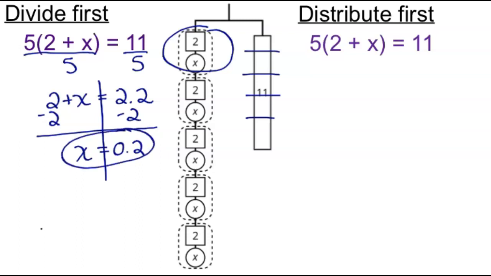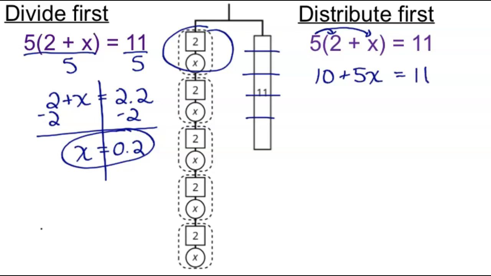We also may choose to solve this by distributing first. If you distribute first, you're going to multiply the 5 by each number or value in parentheses. 5 times 2 is 10, and 5 times x is 5x. On the left, we have 10 plus 5x, and you can probably see that there are 10 and then there are 5 x's, and that still equals 11.